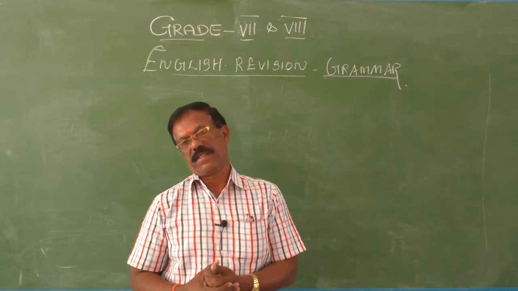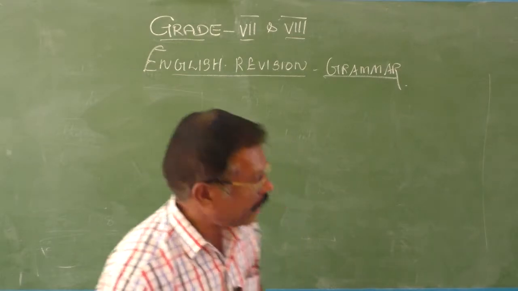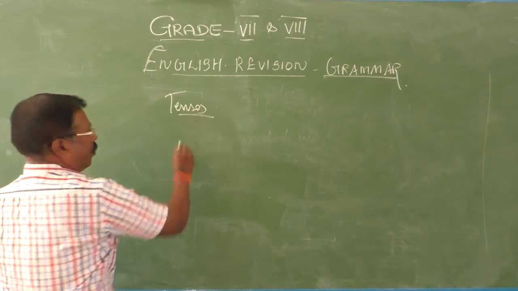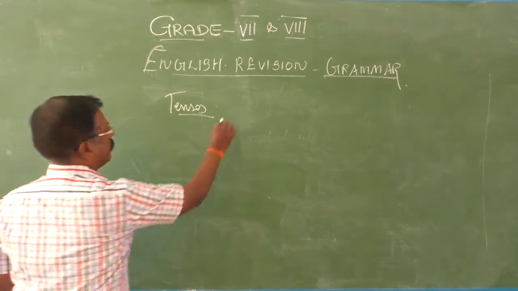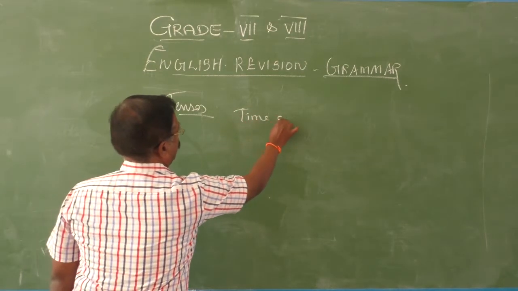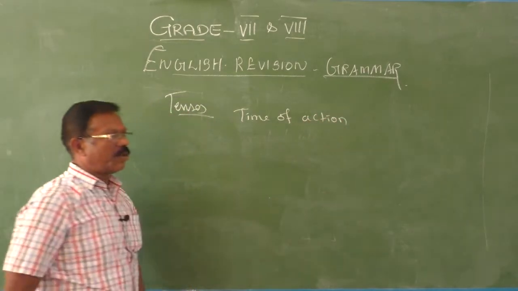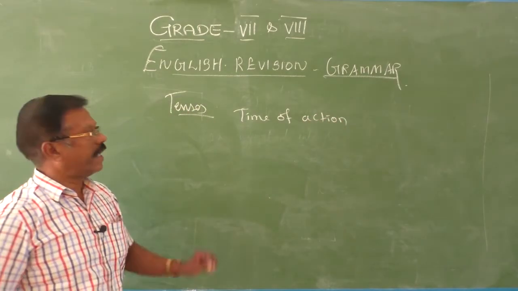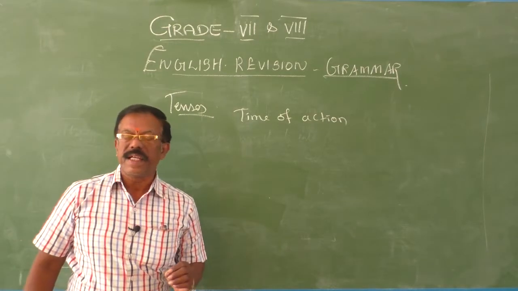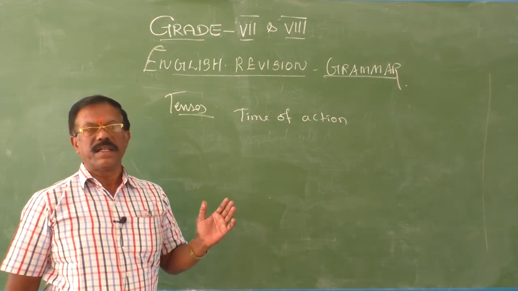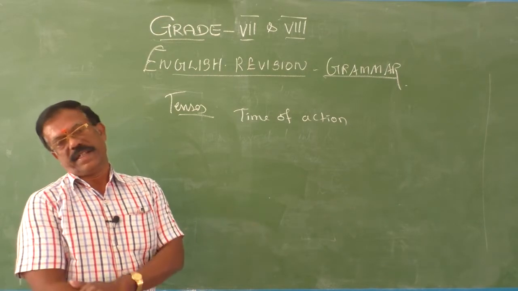So present tense. Let me write all the things. So tenses. What do you mean by tenses? Tense is nothing but time of action. It is a form of a verb that shows the time of action, or when the action was done by the subject. So we have three major tenses: present, past and future.